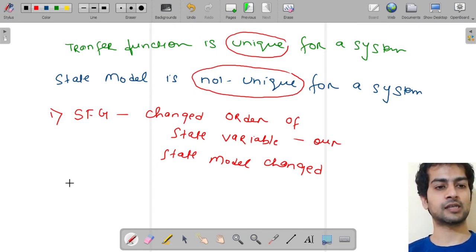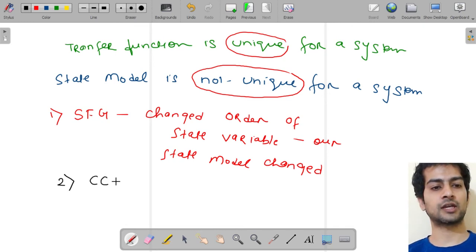Then the second example, this is the recent thing which we have studied. For the same transfer function, we were getting different forms of state equation. One form we were calling CCF, and the other form we were calling OCF. And these two different forms we were getting because we changed the order of the state variables.